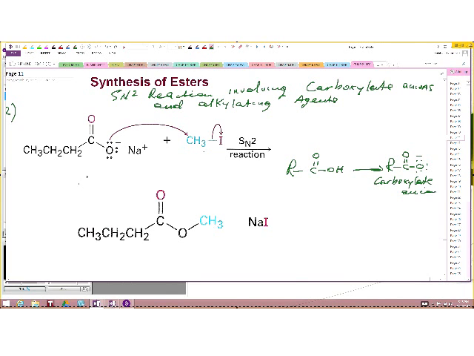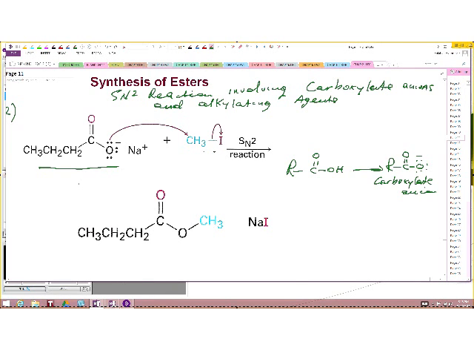Okay. So in this example here, we are using a carboxylate ion, and of course the alkylating agent here is this methyl iodide. Keep in mind, since this is an SN2 reaction, the alkylating agent must be that in which the leaving group is attached to either a primary carbon, a methyl carbon, or a secondary carbon.